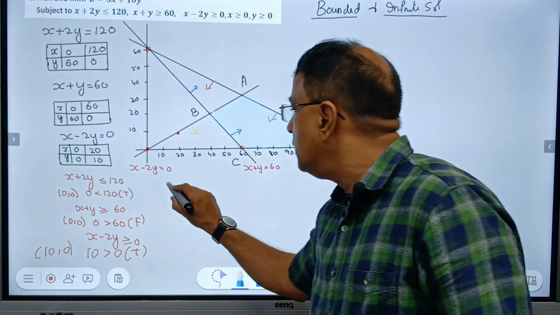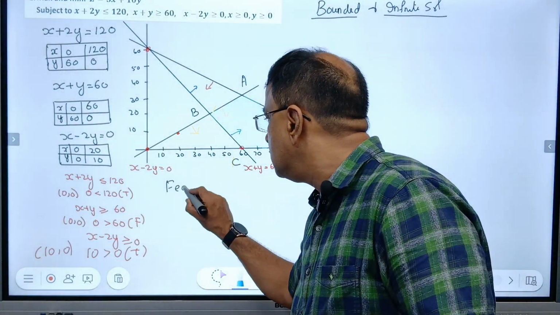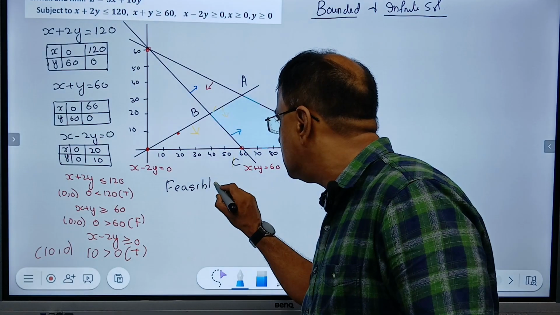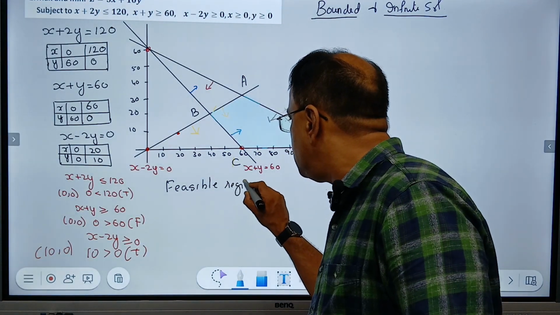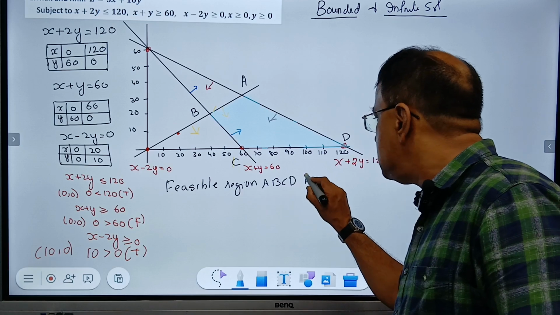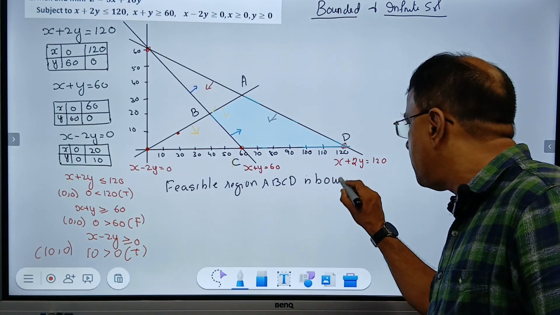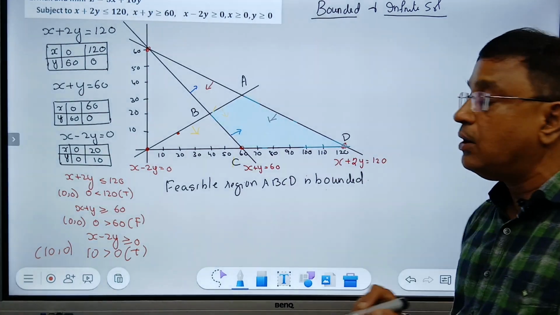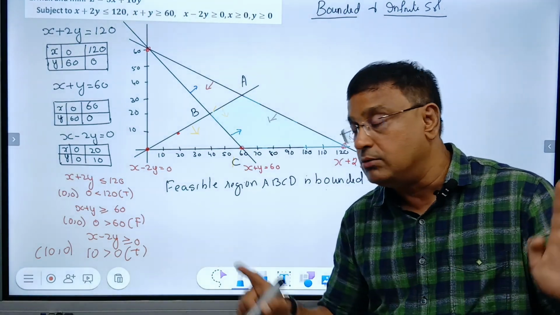So you have to write the feasible region. What is the feasible region here? A, B, C, D is bounded.